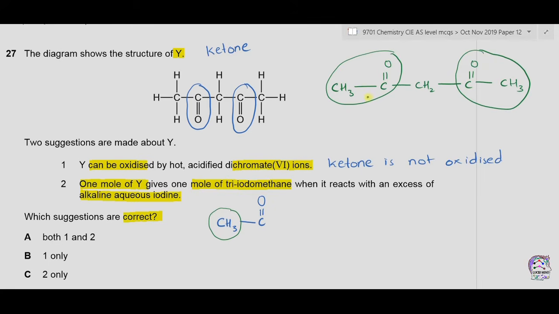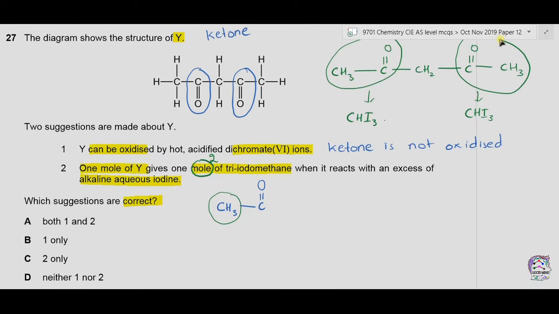So one molecule of Y will give 2 CHI3 products. So 1 mole of Y will give 2 moles of triiodomethane. So it means both suggestion 1 and suggestion 2 is wrong. So therefore option D is correct.